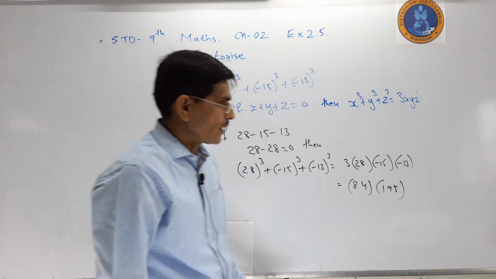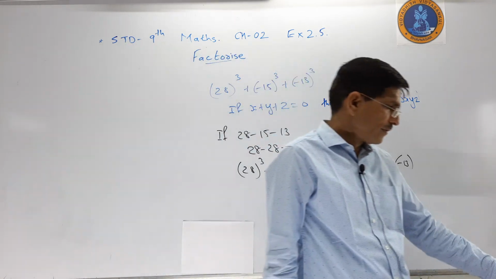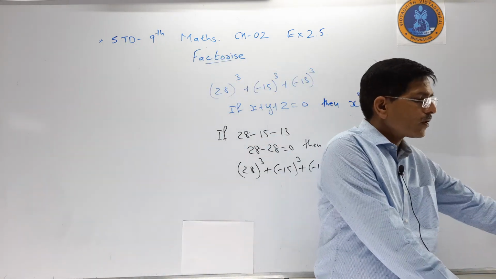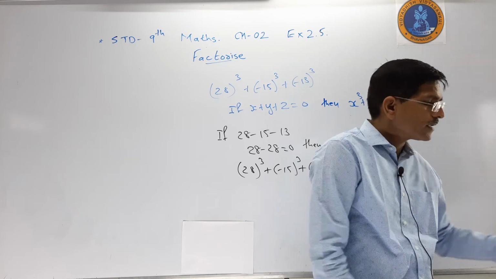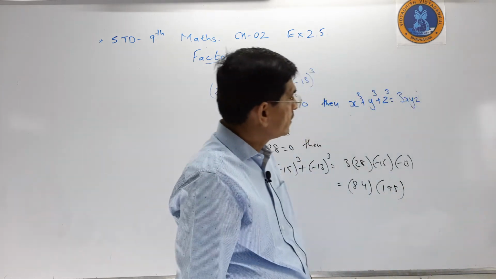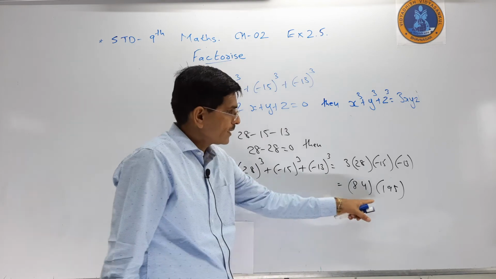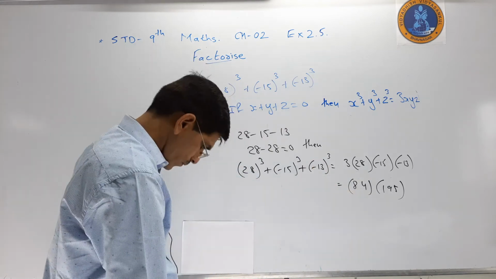Now if I multiply with this, we can get the answer. I hope you try it yourself, and you will get the correct answer or not, that we want to see. That is 195 into 84.